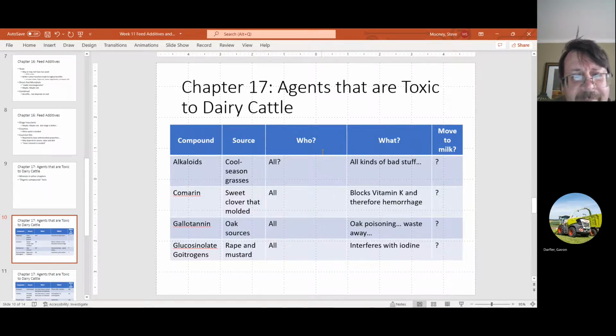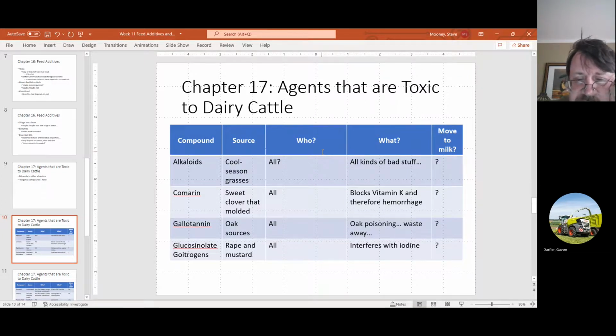Coumarin: molded sweet clover. It seems to affect all animals and blocks vitamin K, and therefore you get hemorrhages. I would imagine if people ate it, you'd have the same problem, but it doesn't say anything about it being transferred to the milk and therefore to humans.